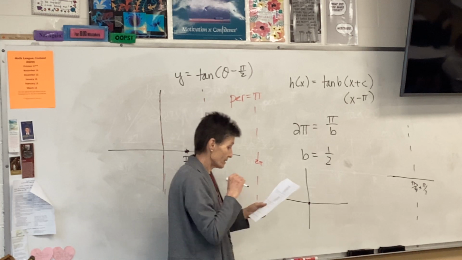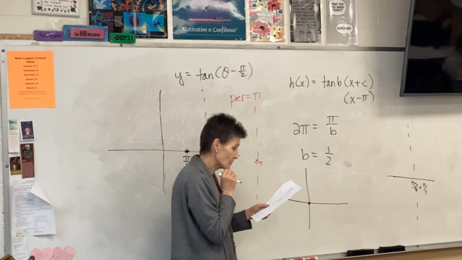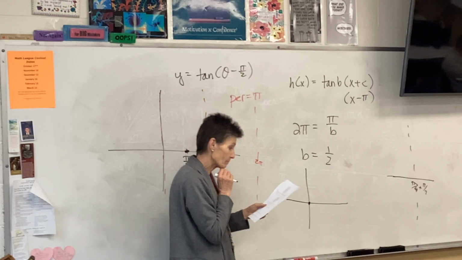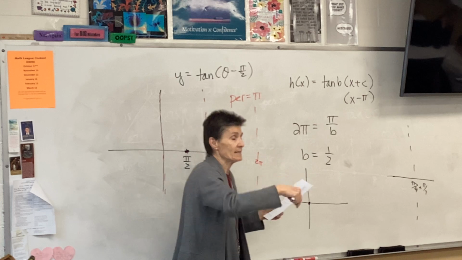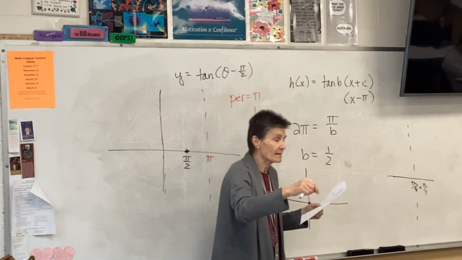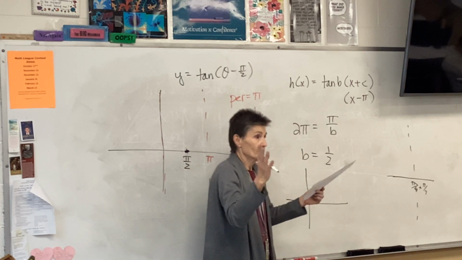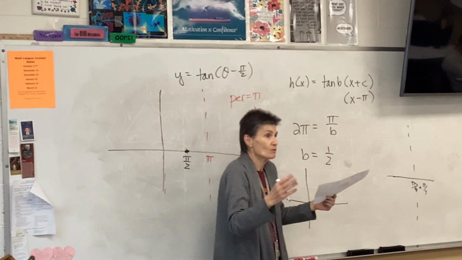All right, number 10. Can you find the right equation for number 10? It can't be D. Someone tell me why it can't be D. Yeah, the dot's right where it's supposed to be, right? There's no phase shift.